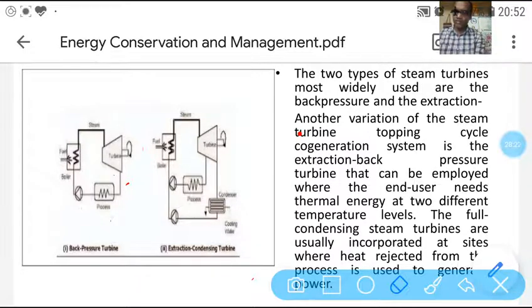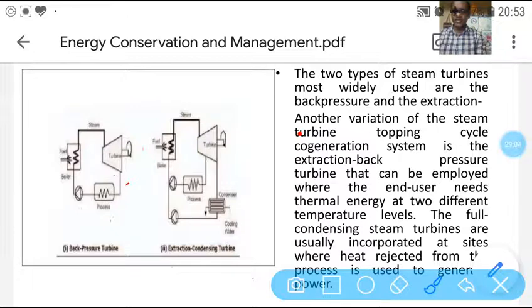And the amount of fuel being supplied is also adjusted in the case of a back pressure turbine. In another case, called the extraction condensing type of turbine, some amount of process heat is required and electricity is also required. So it is utilized in industrial cases where the main aim is to produce electricity as well as process heat.